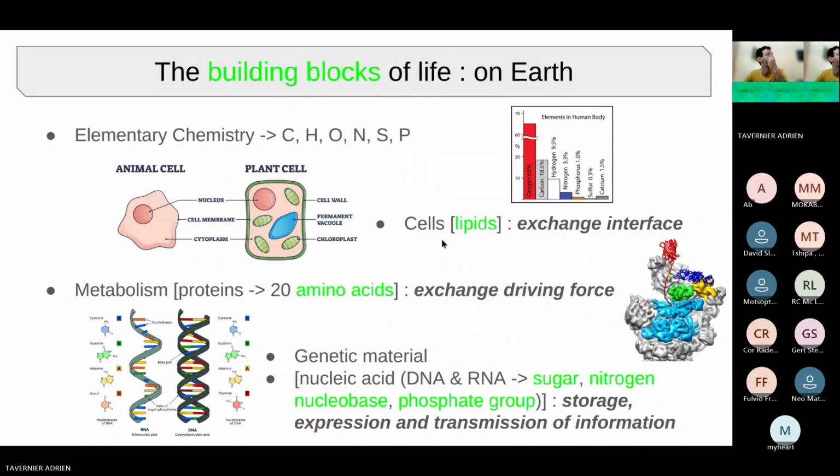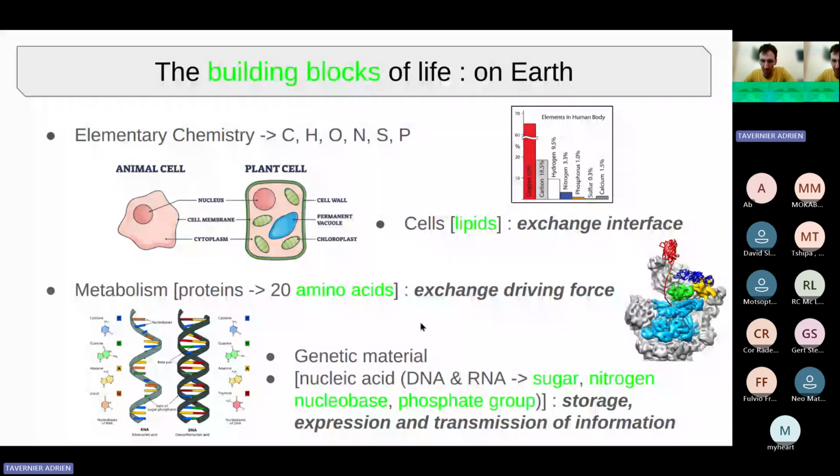Life on Earth is based on a structure. For the physicist, the basic unit is atoms. For the biologist, the simple element he will consider is mainly the cell, which allows exchange through an interface. Here you have an animal cell and a plant cell. What is important is the external membrane, which is a border between interior and exterior. Cells are made of lipids, and lipids are one of the building blocks of life.